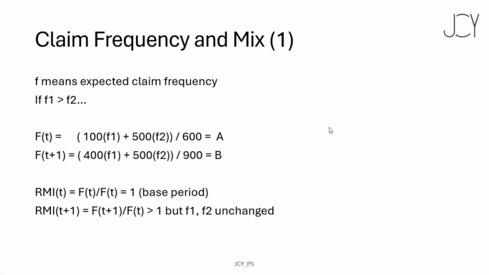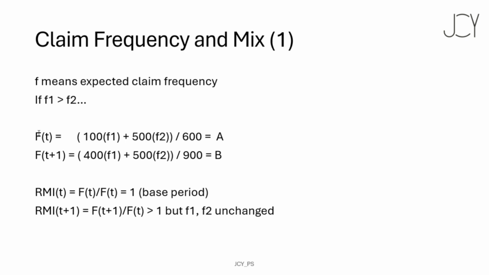If we go through the mathematical notation and consider F to be the expected claim frequency, so this would be obtained from modeling. And if we consider the situation where the claim frequency of risk 1 is greater than the claim frequency of risk 2.